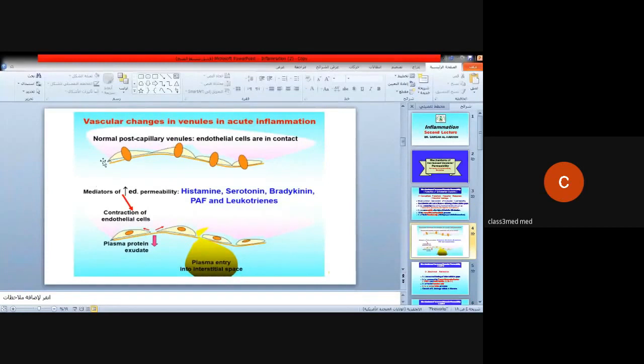This picture shows the vascular changes in the venules in acute inflammation, and it explains the first mechanism. This is the wall of the venule, and this is the endothelial cell. There is an intact endothelial cell wall, and there is no gap between the endothelial cells.